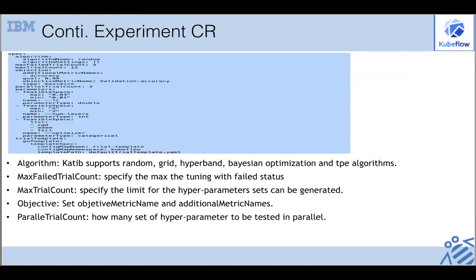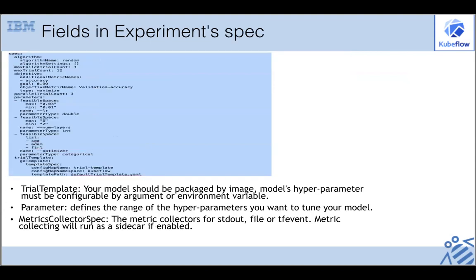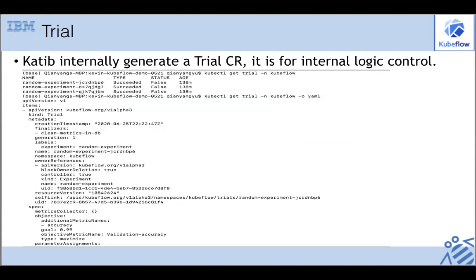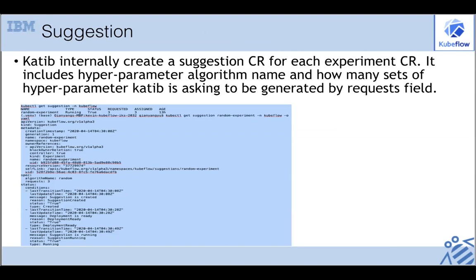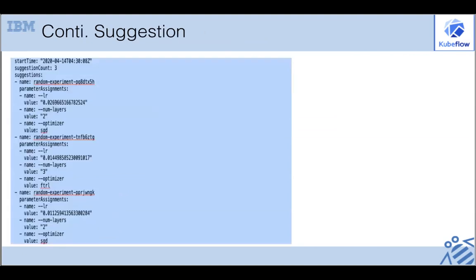KDIP supports random search and a couple of other algorithms. And you can also check the trial controller. Use the kubectl command to get the status of the trial. Also, for the suggestion CR, you can check the status from the command line.